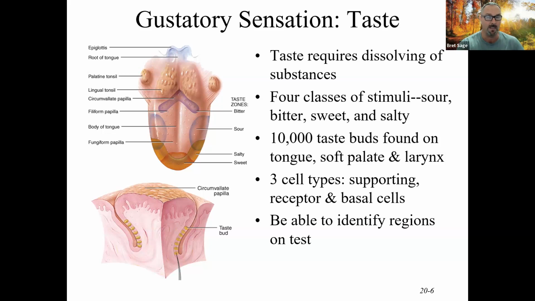And most of the things that we think we're tasting, we're not, we're smelling. So for example, strawberry is not a taste, it's a smell. The idea here is there's really only 5 tastes: sour, bitter, sweet, salty, and a last one that's not listed here called umami, or deliciousness.